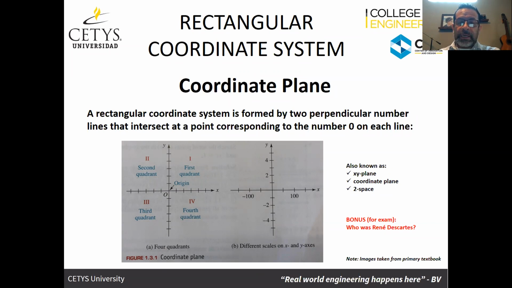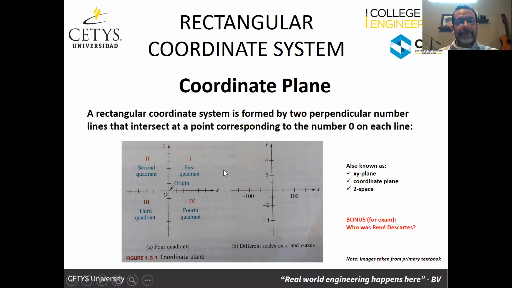The coordinate plane is an extension of the real number line, where a coordinate system is formed by two perpendicular lines. It's basically taking the number line, which is horizontal and represents numbers from minus infinite to infinite in one dimension, and taking it to another dimension that also gives us numbers from minus infinite to infinite, and therefore we create a two-dimensional space.